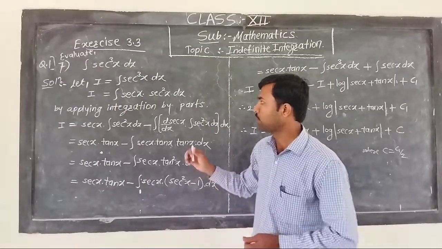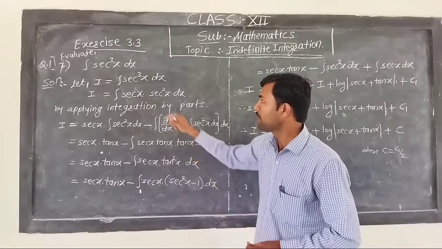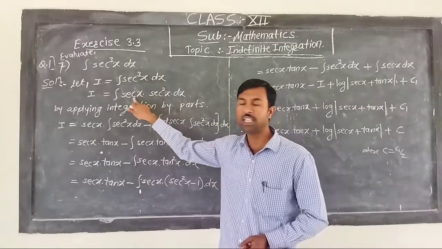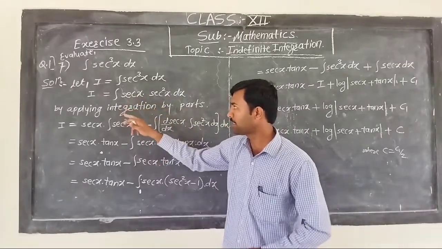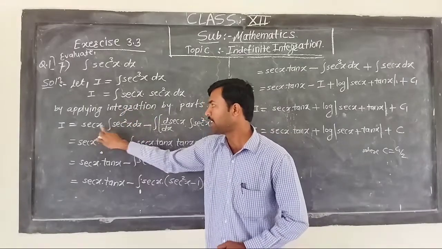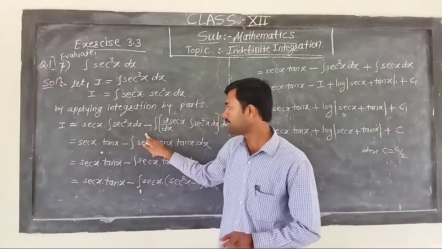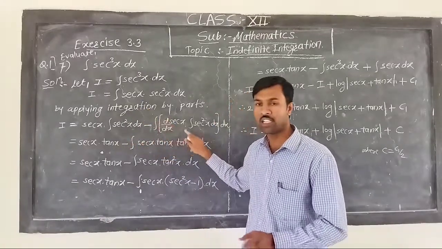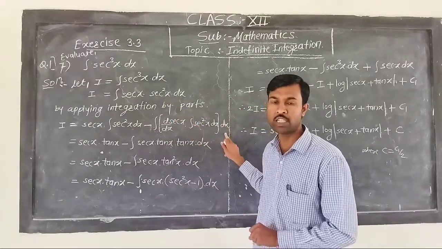So while applying integration by parts here, we have to choose this function as the second function, so that our first function will be sec x, and after applying integration by parts, we will write it as first function, that is sec x, into integration of second function, that is integration of sec square x dx, minus integration of derivative of first, that is derivative of sec x, into integration of second, integration of sec square x dx, into dx.